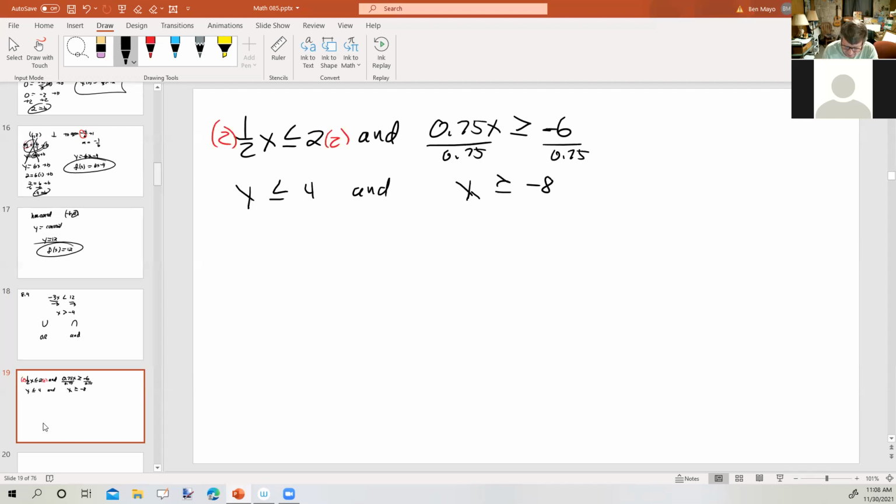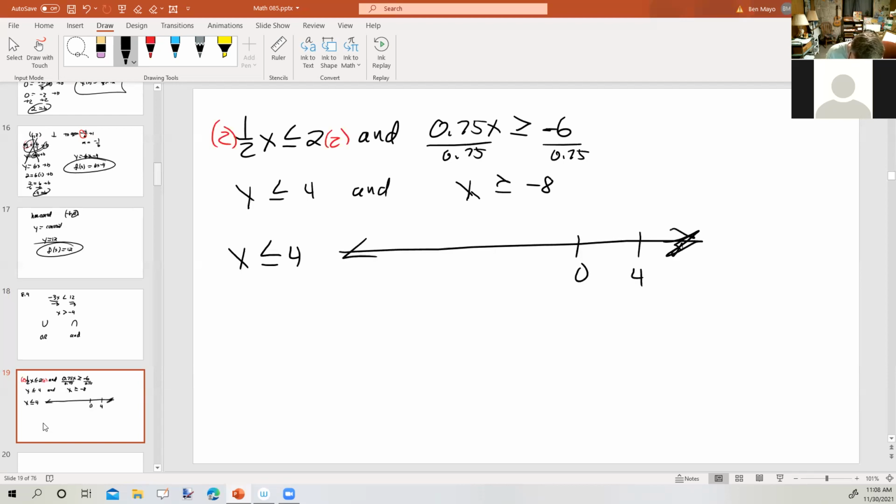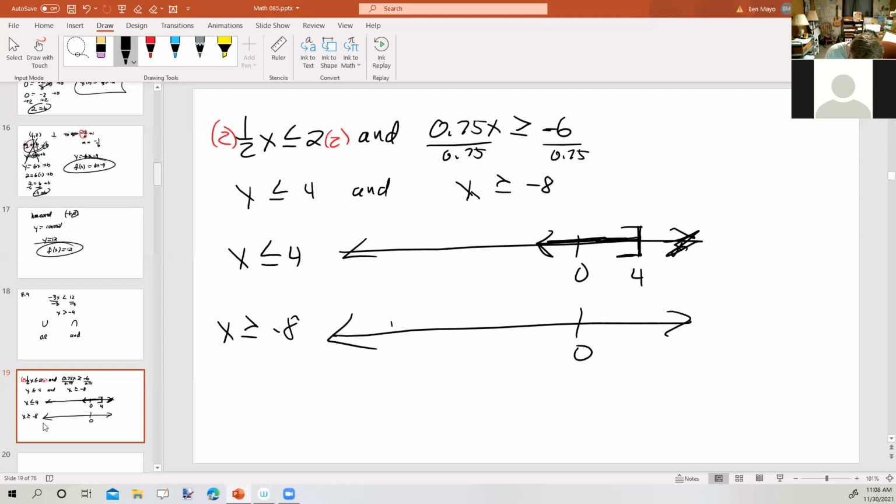And means intersection, where they overlap. So I'm going to do a number line, both of these. So x less than or equal to 4 would look like that. X greater than or equal to -8 would look like that.